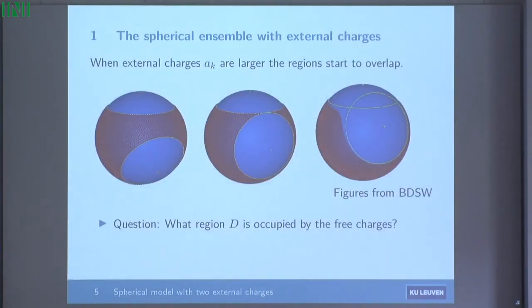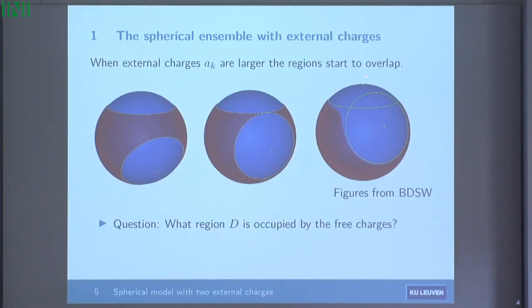But if these charges are larger, then there's more repulsion from each of these fixed charges. And then these spherical caps will grow bigger if the charges grow. And after a while, they will start to overlap.